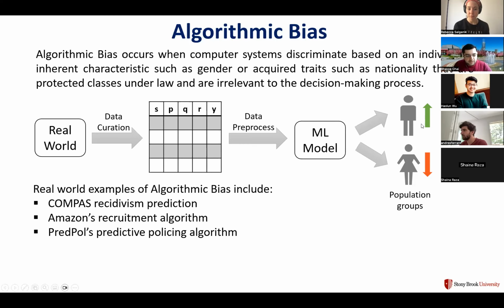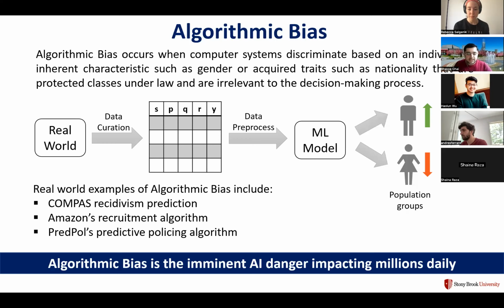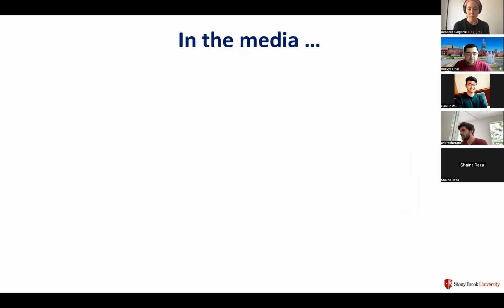There are multiple real-world examples of algorithmic bias, which includes the COMPAS recidivism prediction algorithm, Amazon's recruitment algorithm, predictive policing algorithms, etc. So algorithmic bias has been termed as an imminent AI danger, which impacts millions daily. More recently, we have seen a lot of coverage of algorithmic bias in the media.